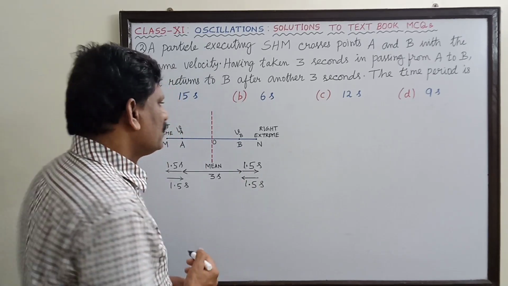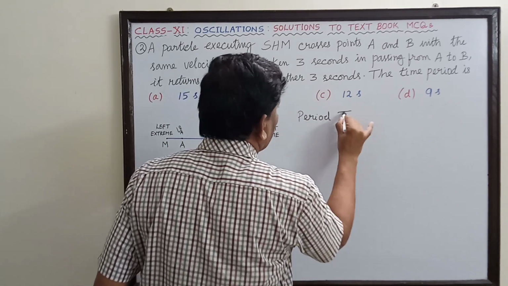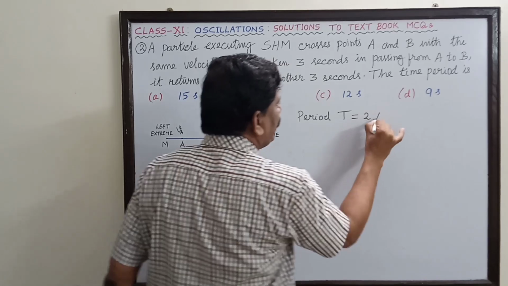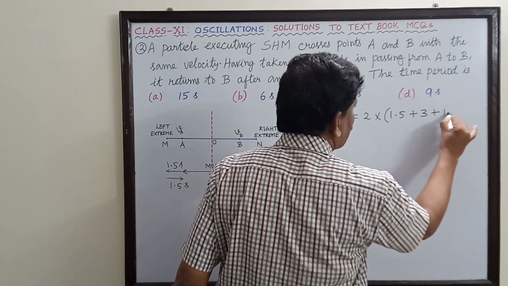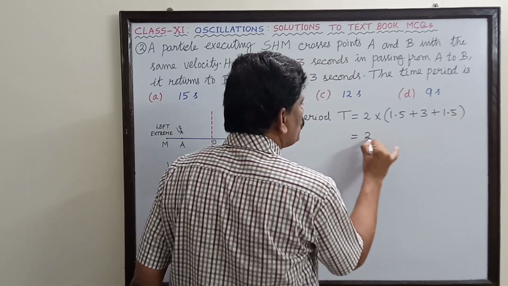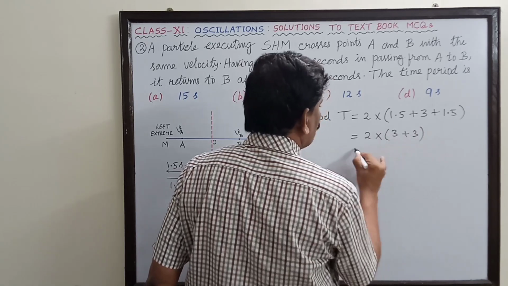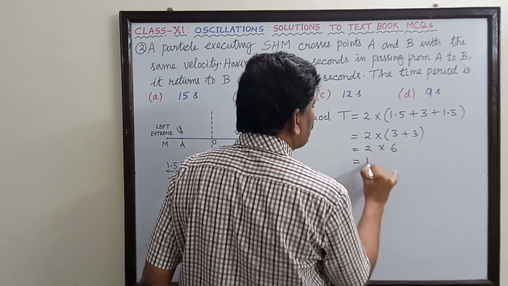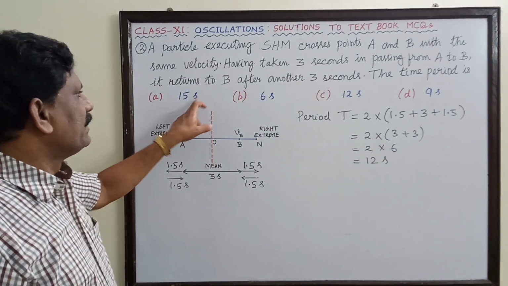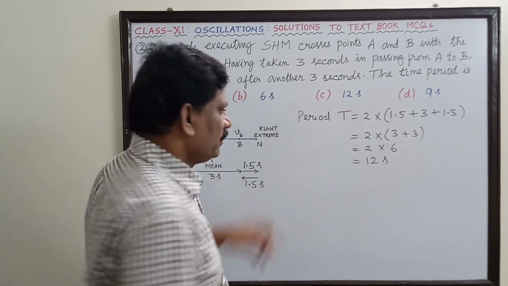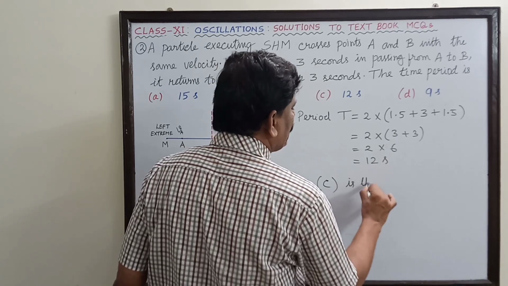So the total time period is T equals 2 into (1.5 plus 3 plus 1.5), which is 2 into 6, equal to 12 seconds. So the correct option is C.